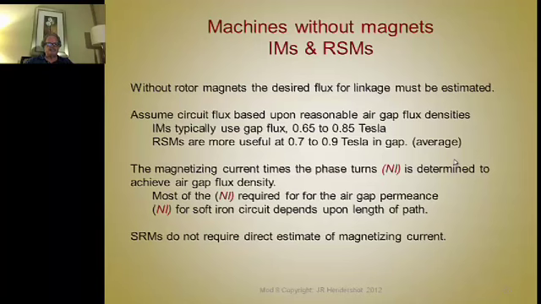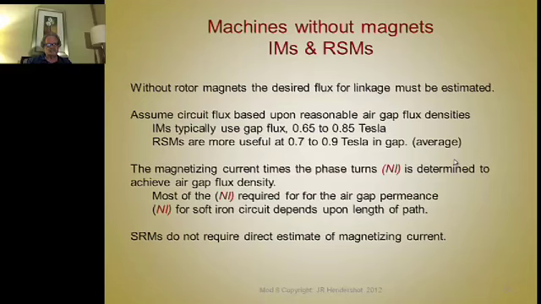I think it's safe to say that big motor companies like GE and Westinghouse and Reliance and Siemens and companies like that, they probably in their engineering department have a number that they always use to start with their designs. They always assume they're going to get 0.8 Tesla in the gap or 0.75, and so that's how they go forward to proceed with the design to determine how many turns per coil they need and what the air gaps are and what the magnetizing current has to be.